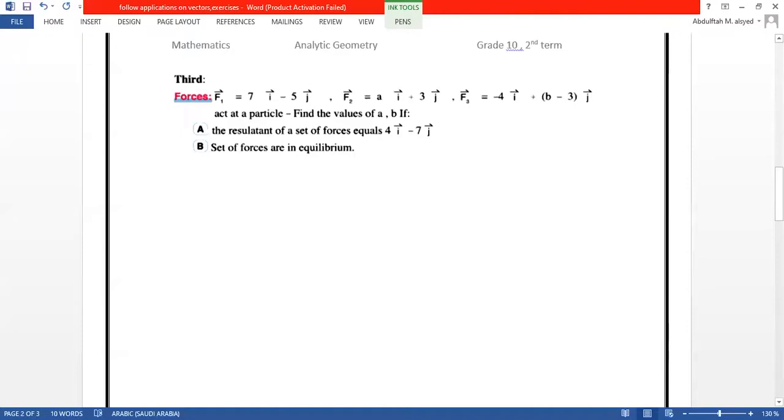Next: a particle acts under forces. Find the value of A and B if the resultant of the set of forces equals 4i minus 7j. As we have mentioned before, the resultant force equals the sum of forces.